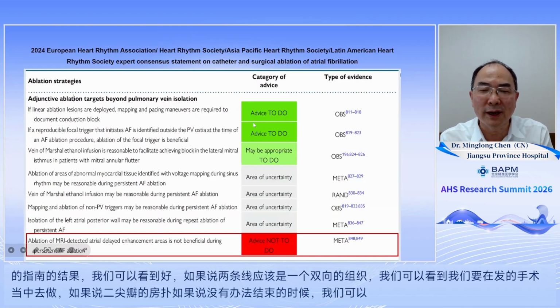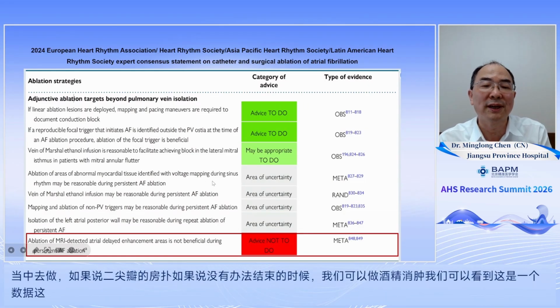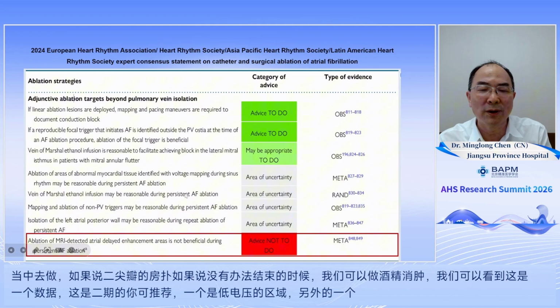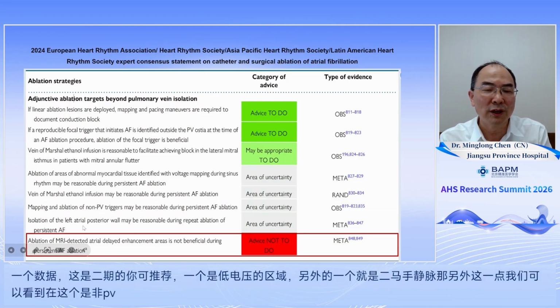So these are the 3 class 1 recommendations, but these are the class 2 recommendations. One is low voltage area, and the other is vein of Marshall infusion in any kind of atrial fibrillation patient. And then the non-PV triggers stimulated by drugs, and also posterior wall isolation, but it might detect fibrotic area ablation.